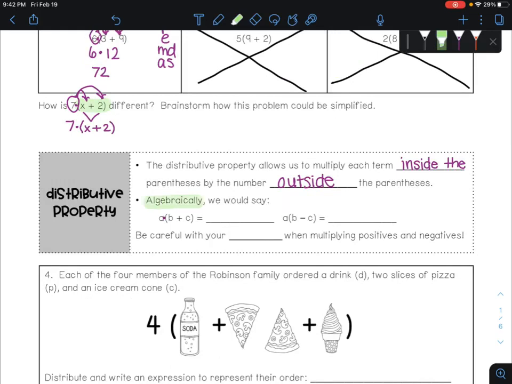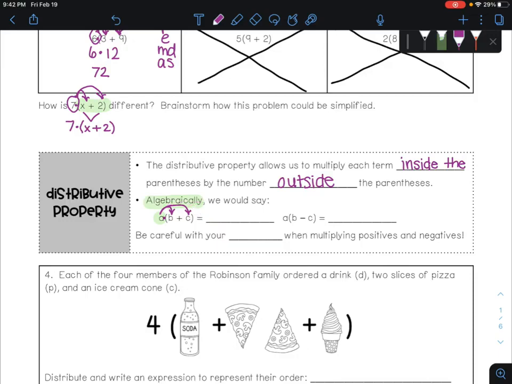Algebraically, meaning using math, we would say A times, there's a little invisible multiplication in there, the group B plus C is going to look like this. We're going to take the A times, and we're going to share it with the B and then with the C. And if there were more things inside the parentheses separated by plus or minus signs, we would keep going.